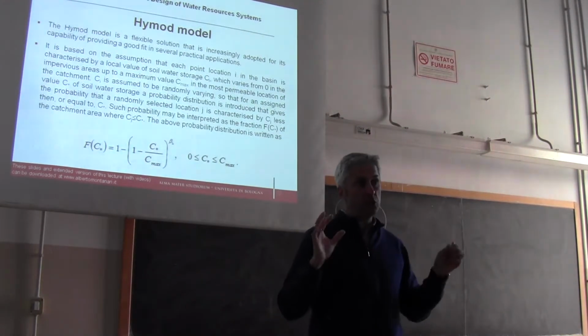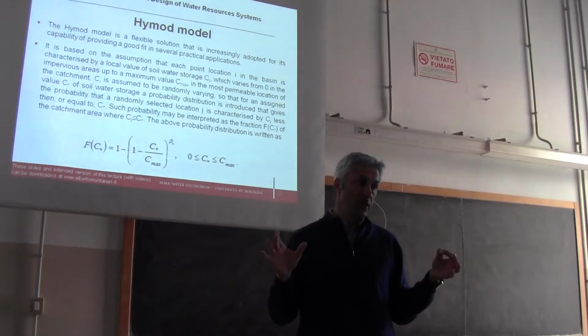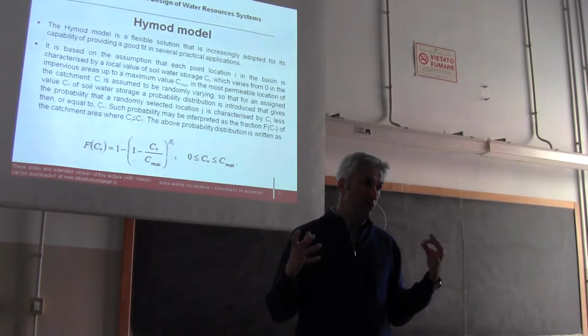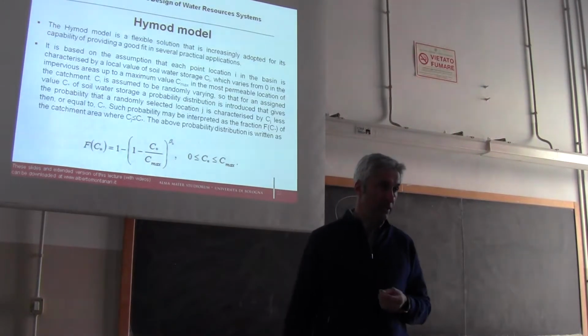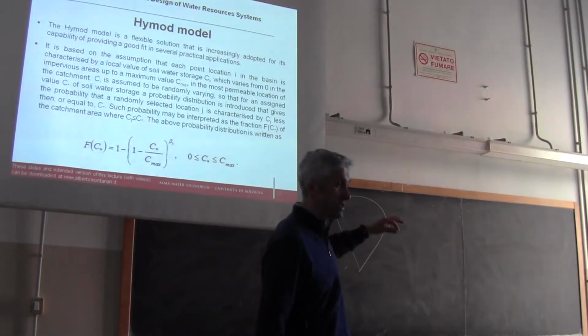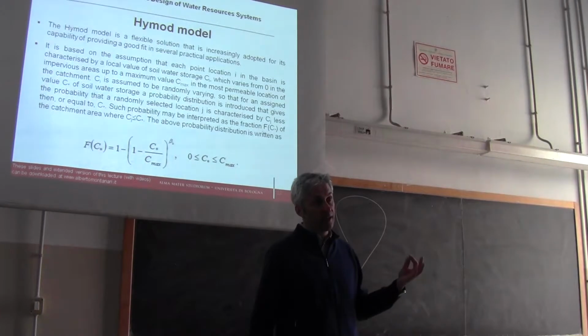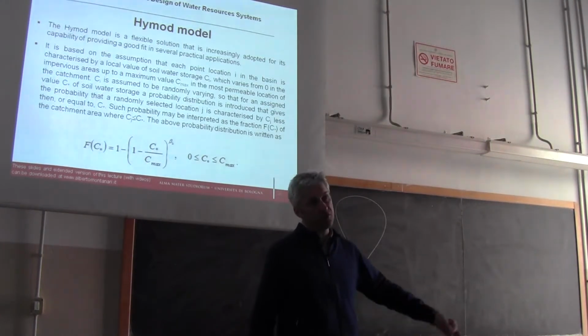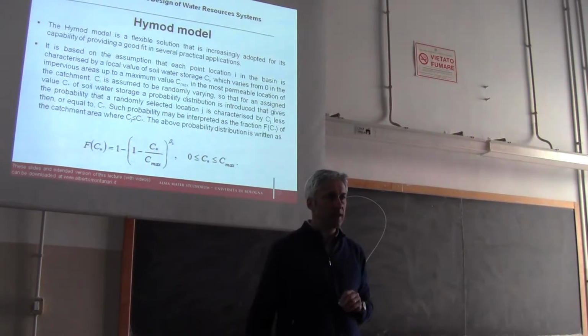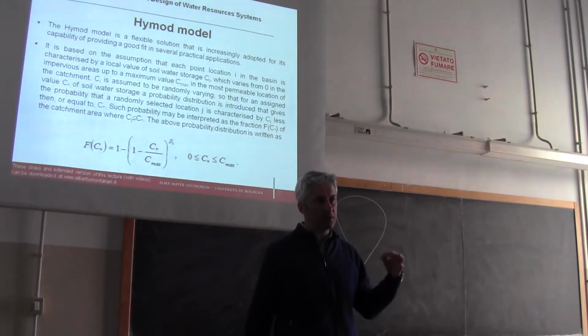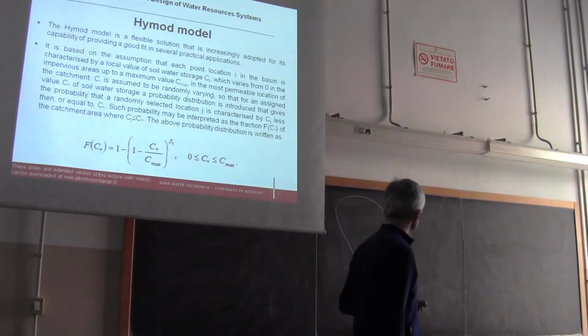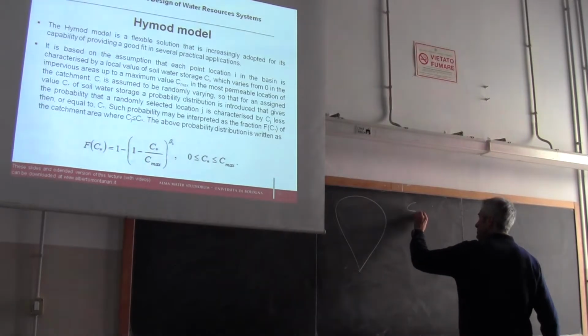So storage by definition is a volume, but if we indicate the storage per unit area, it becomes a length. And therefore, any location is characterized by a storage expressed as a length, which is varying over the catchment. We can identify a max value of this storage, which we indicate with C max.